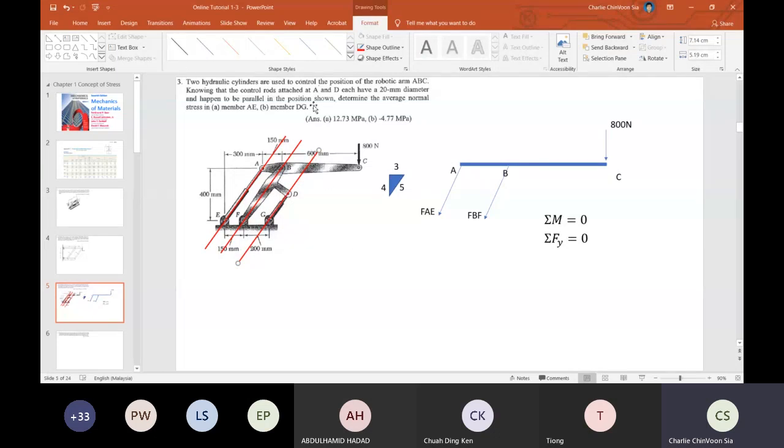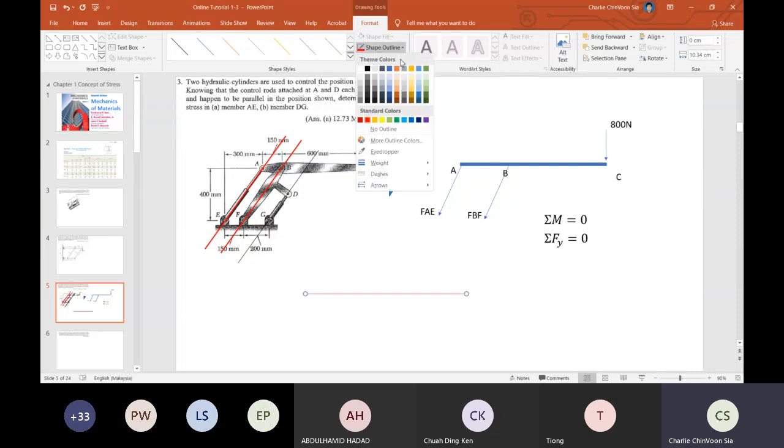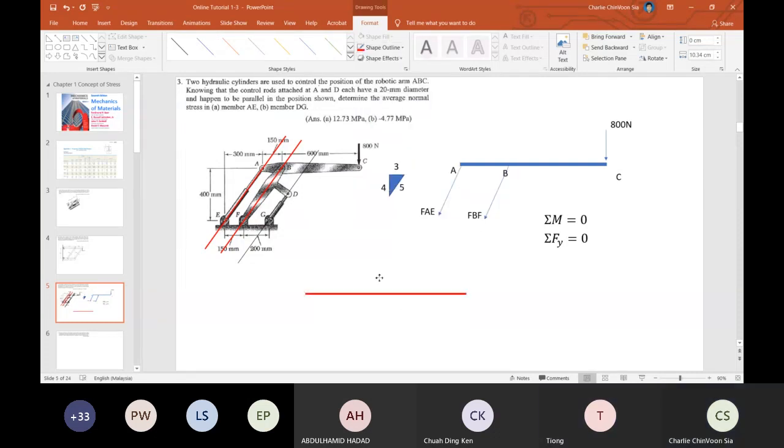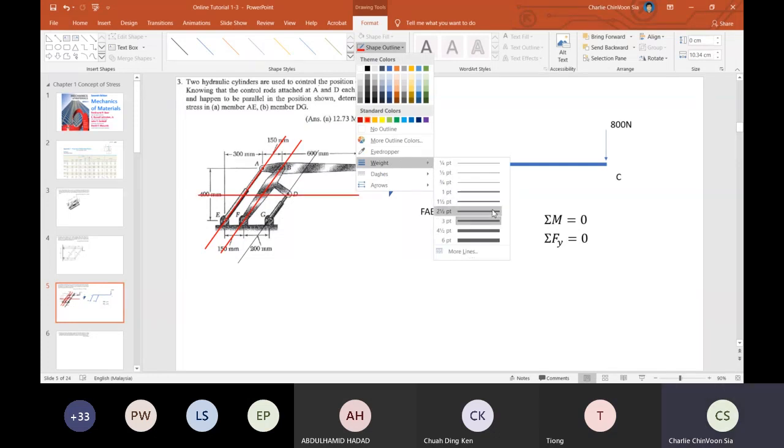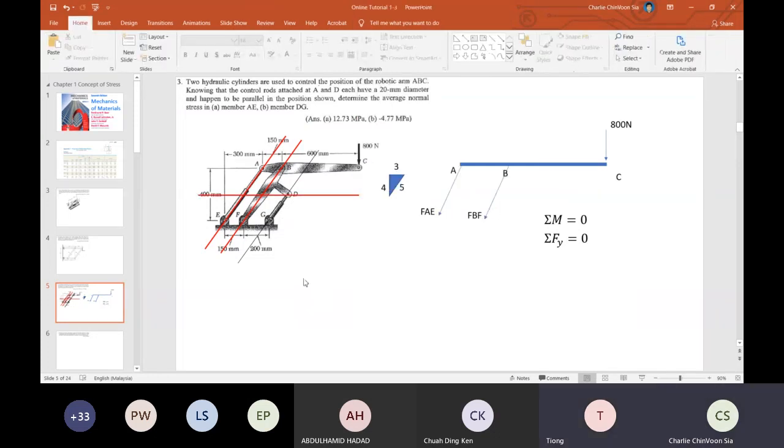And then I draw one horizontal line. Now, are you able to see the diagram? Yes, we are able to see the diagram. Is it clear? Shouldn't be a problem.